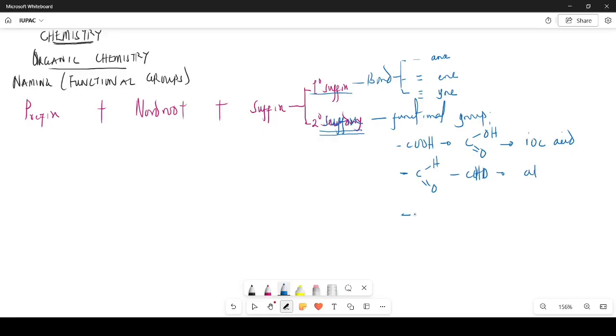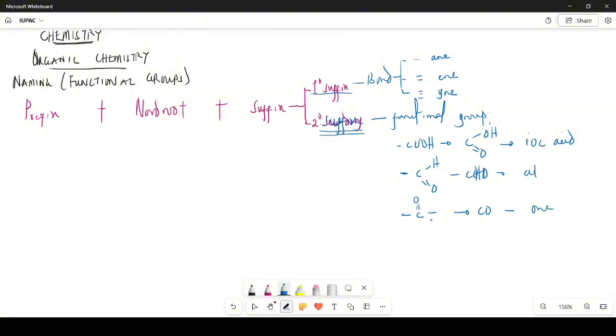You can see a compound like CO. Whenever you are naming, how are you going to name it? If you have C double bond with O, this one is named as ONE. Why? Because this CO is alkanone, or you call it ketone.